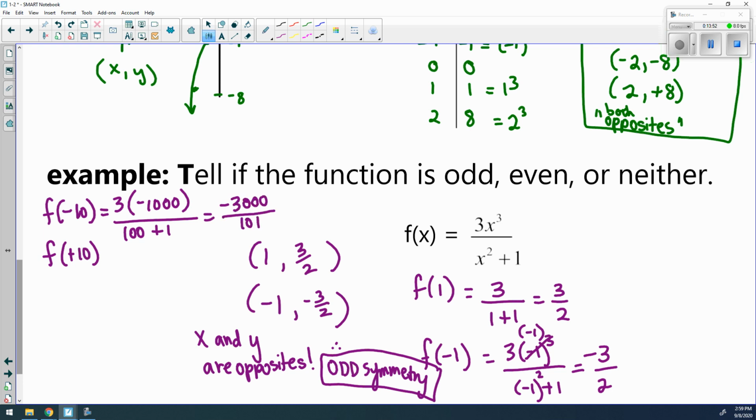And then when I plugged in +10, this would be 3 times 1000. So 10 to the third is 1 and 3 zeros over, again, 100 plus 1. So we're looking at 3000 over 101. We still end up with opposites. Opposite x's give us opposite y's. Odd symmetry. Okay, that's it.